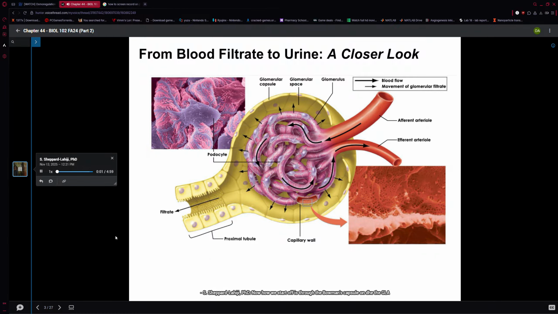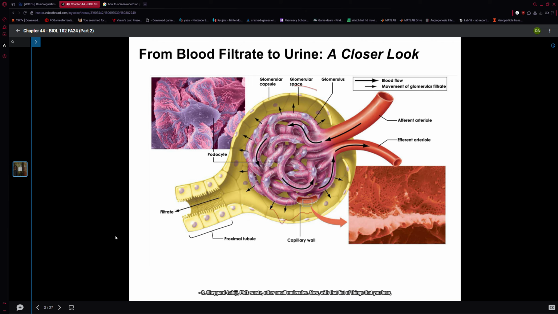Now, how we start off is through the Bowman's capsule and the glomerulus. In this illustration, we can see a bunch of things going on. I will walk through what's being shown here, and you're responsible for all of the vocabulary that you see. The filtrate produced in the Bowman's capsule, which is essentially within this glomerular space, consists of salts and glucose, amino acids, vitamins, waste, and other small molecules.